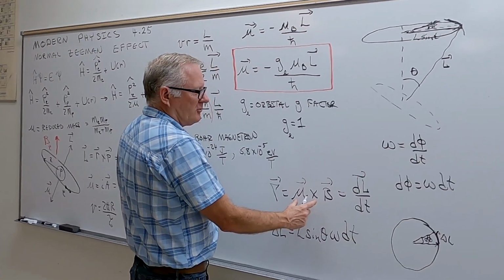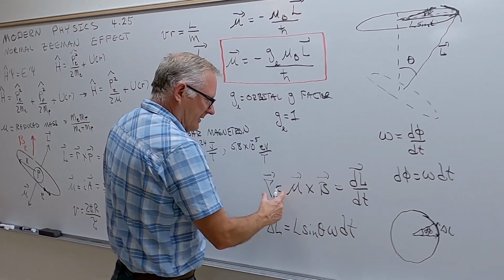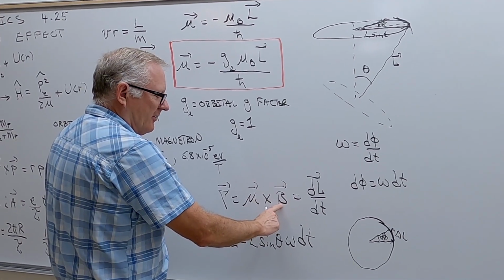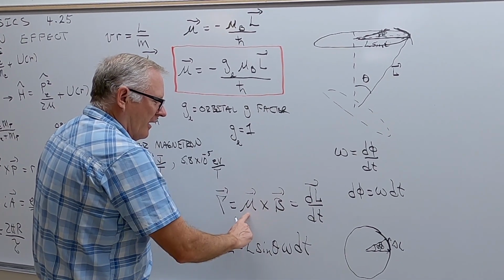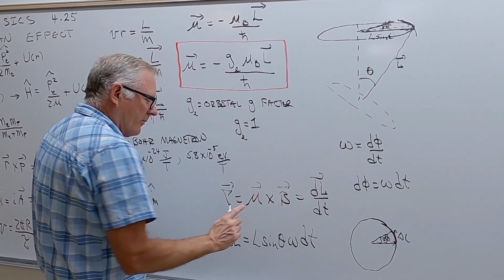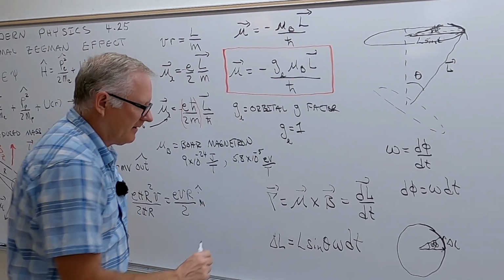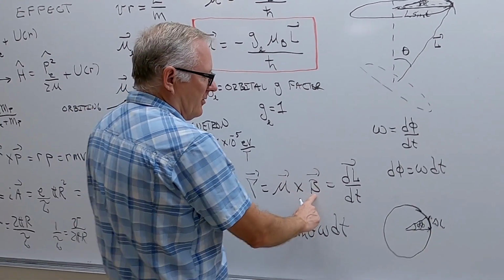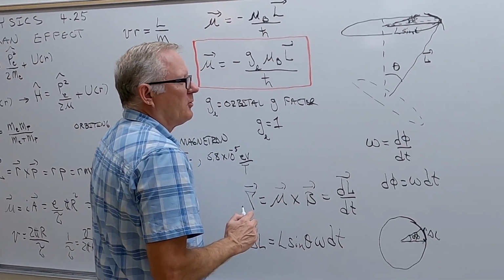From here, we can also get delta L from this equation right here. Since B is in the z direction, if we cross this product, not worrying about the direction for a minute, the cross product is the magnitude of this times the magnitude of that times the sine of the angle between them.